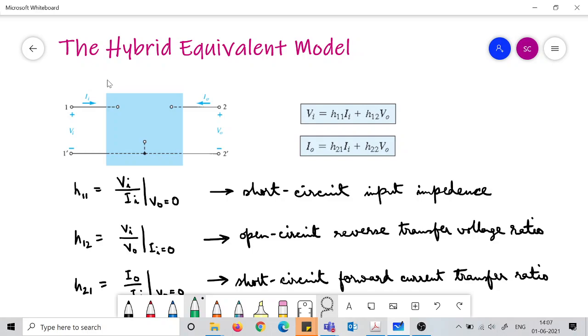So in the data sheet of the BJT you are working with, you will be supplied the hybrid parameters. But if you are trying to analyze it using the RE equivalent model, then you have to understand how the hybrid parameters relate to the RE equivalent model parameters. Okay, so in the RE equivalent model, what are the parameters?